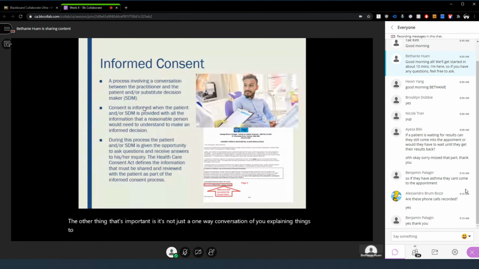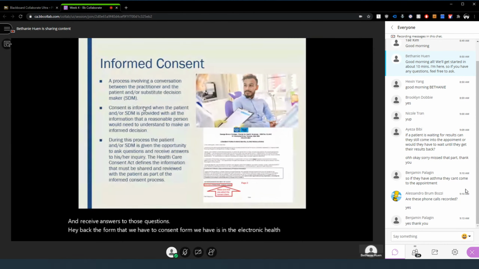The patient, for true informed consent, needs to be given the opportunity to ask questions and receive answers to those questions. The consent form we have is in the electronic health record, and that will be signed by both you and the patient.